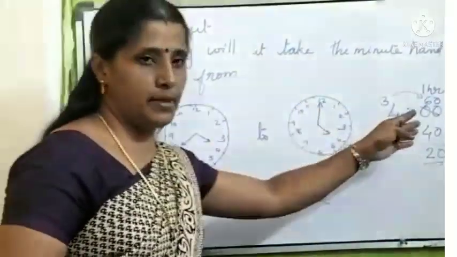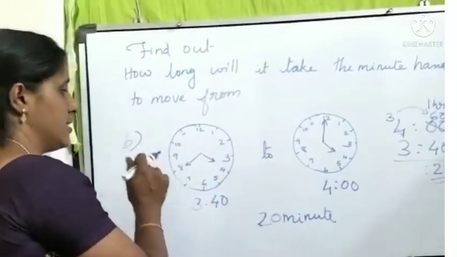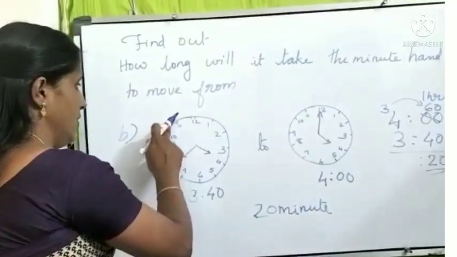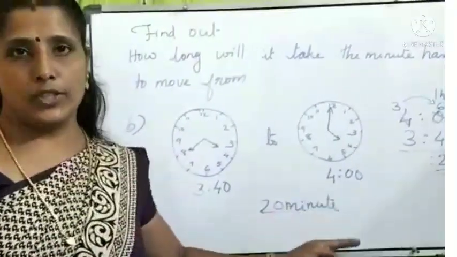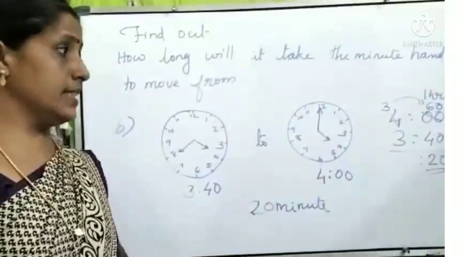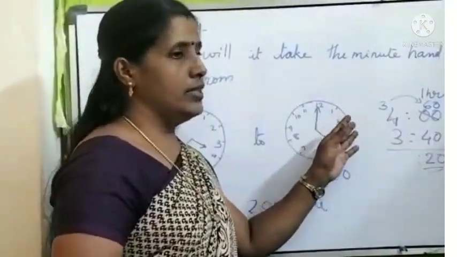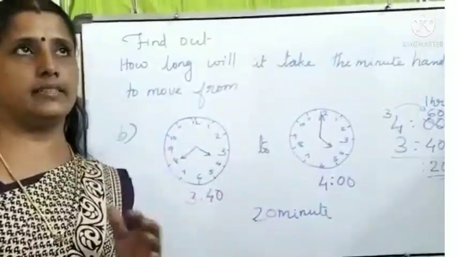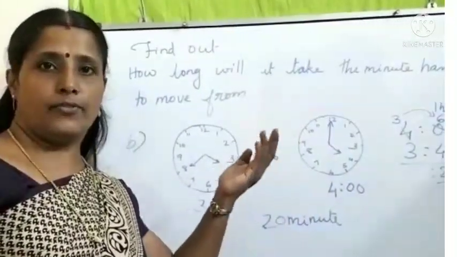But it is somewhat difficult for you. That's why I write it first: 5 plus 5 plus 5 plus 5. So a total of 20 minutes is the difference. Understand? The calculation is somewhat difficult. In the previous subtraction, we had to borrow from the next places.